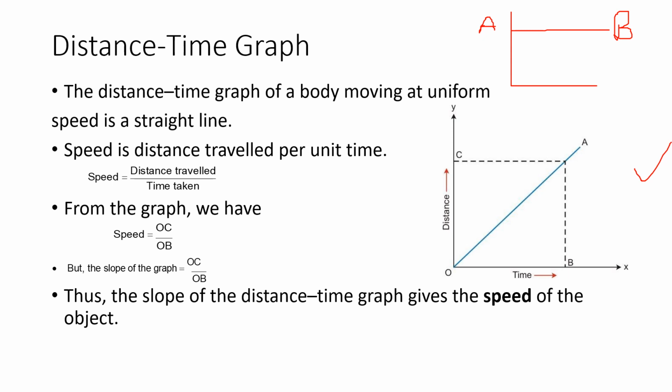So we can also say that the slope of this graph is equal to AB divided by OB. And what does this graph show? This graph for uniform motion shows the speed of a body, and the speed of a body is equal to distance traveled divided by time taken to travel the distance.